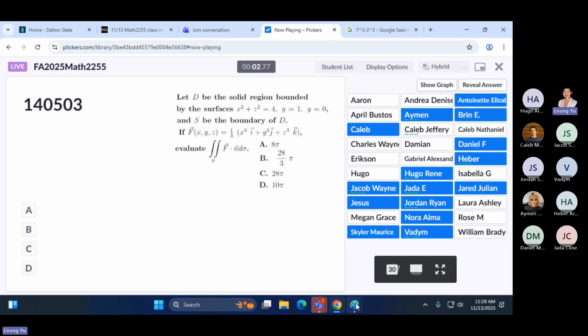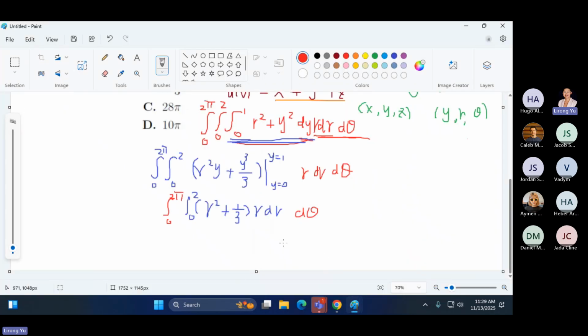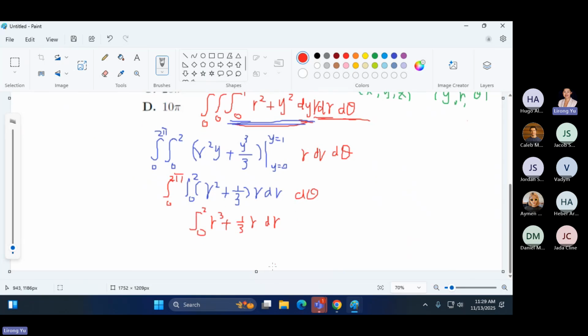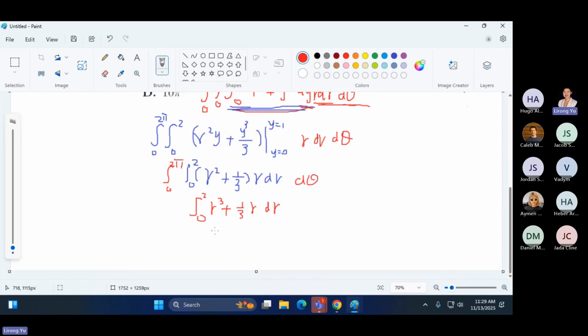If you're still calculating, maybe I'll come back and try to finish. This will be r cubed plus 1 over 3 r, and we integrate from 0 to 2. After the integration, we're getting r to the 4 over 4 plus 1 over 3 r squared over 2.